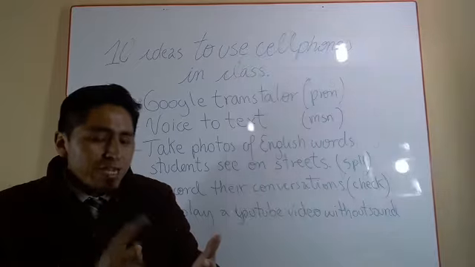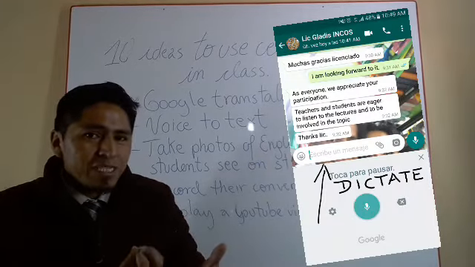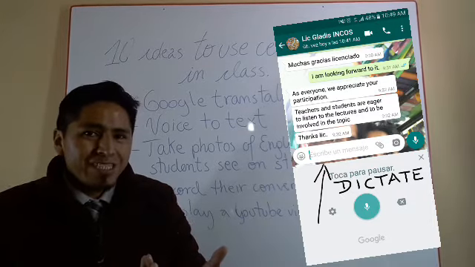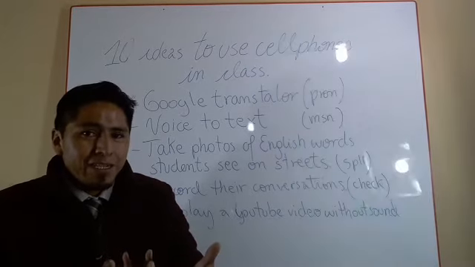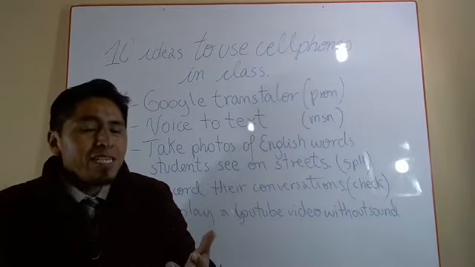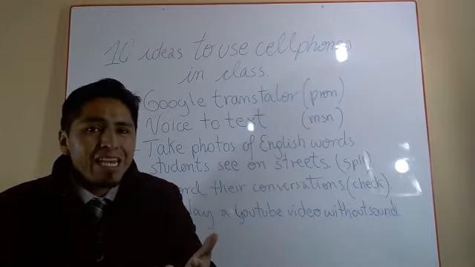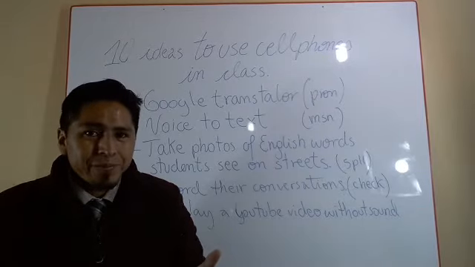You press on the microphone, and this will tell you to speak some words. Okay, I will show you an image. Yes, so you have to speak there, and the cell phone has to recognize your voice, what you are saying. It has to write. It's like dictation.